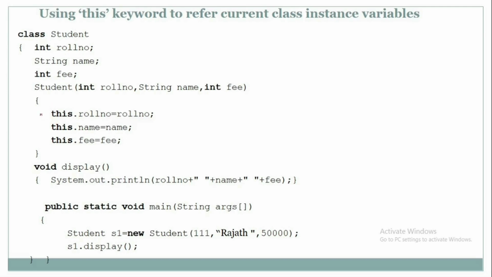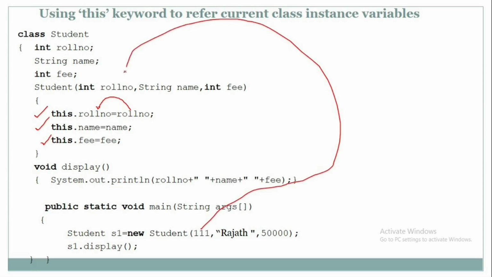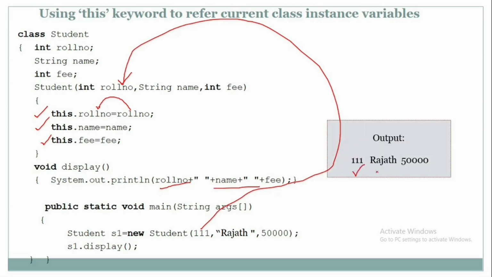When I do this, the value will get stored to the instance variable from the actual parameter to the formal parameter, from the local variable to the instance variable. Here I'm just printing the value of the instance variable. Now I will get the correct answer, that is 111, Rajat, and 50,000.